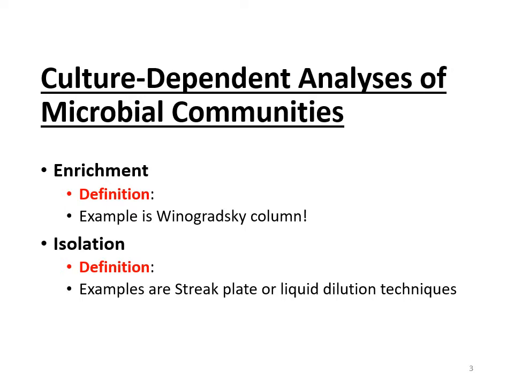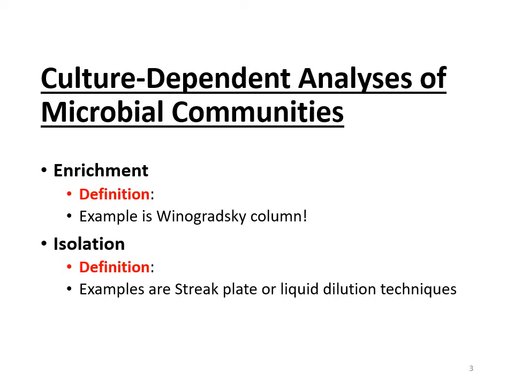So basically this is a technique that can help you enrich what might usually be scarcer or lower concentration microbes. Okay, so when you hear enrichment, think of culturing or using conditions to get robust, a whole lot of growth of different microbes. And the big example is the Winogradsky column that we're going to see on the next slide.